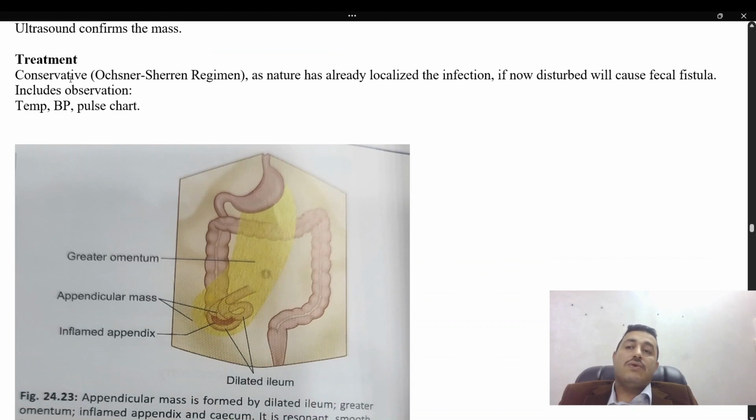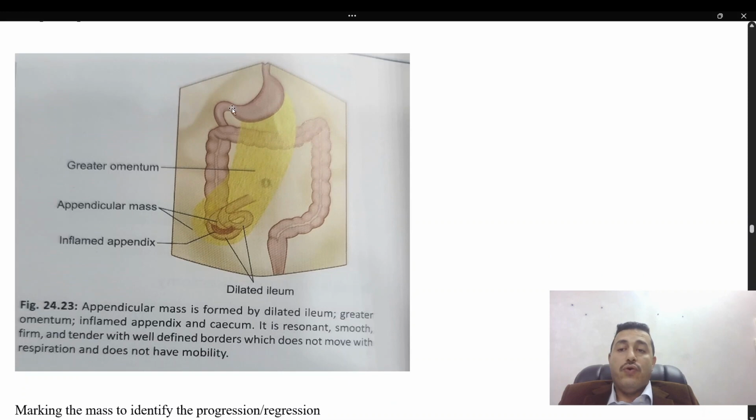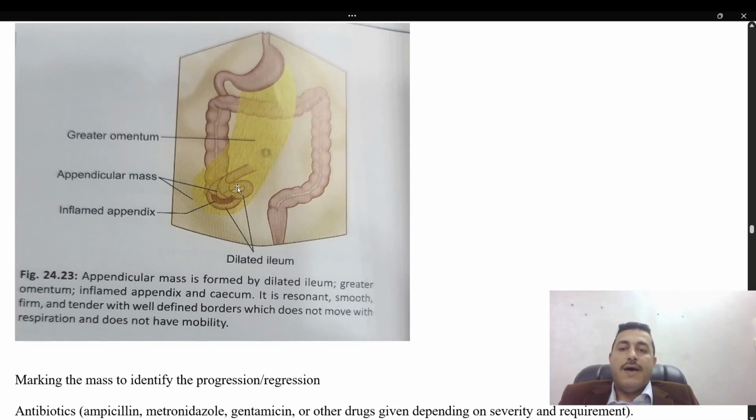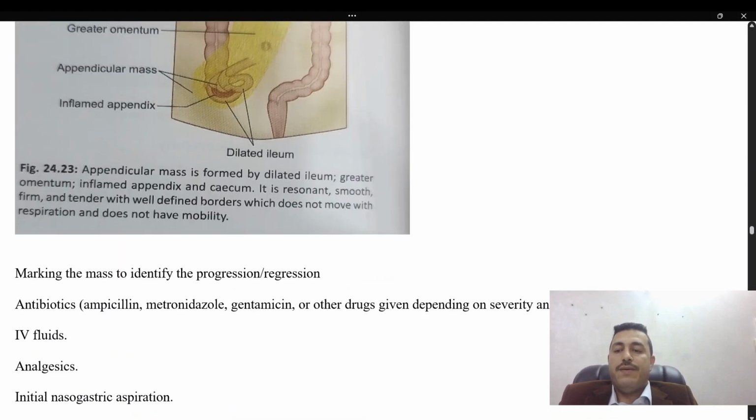The treatment, we said conservative, it's called the Ochsner-Sherren regimen. Again, I hope the pronunciation is correct. Nature has already localized. This is the appendicular mass. You can see it is a lot of things together: the dilated ileum, the greater omentum, appendix, cecum, all of them.